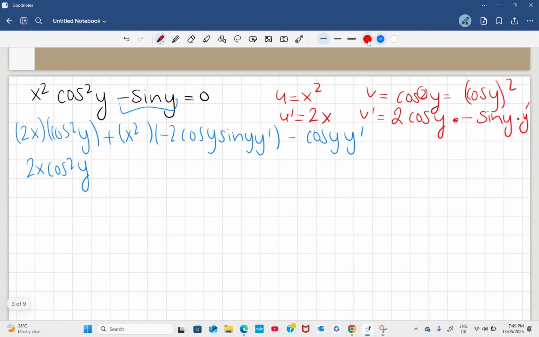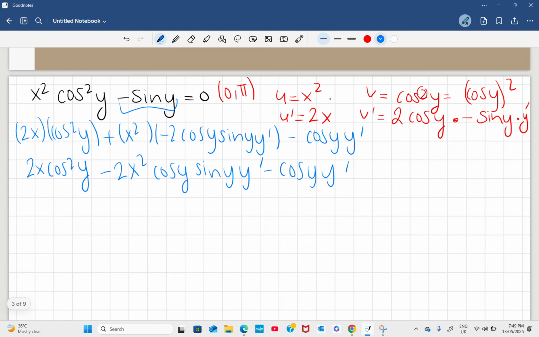So here I forgot to mention, it's given over the interval 0 to pi. Okay, sorry if I confused anyone. I confused myself. So minus 2x squared cosine y sine y prime minus cosine y prime.